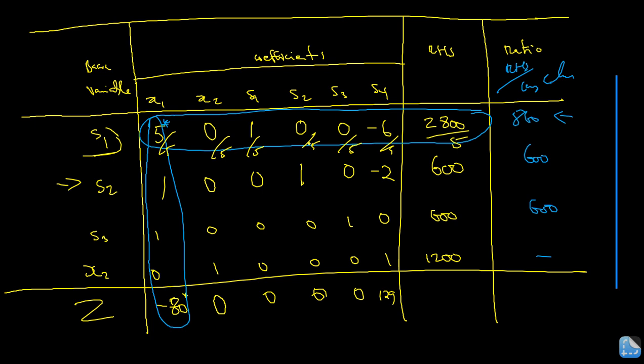When your key element is made to be a 1, the elements below and above your key element must be made into zeros. Now remember what I said. If there is an element in your key column, where your key element is, which is already a 0, in our case this here is a 0, we basically lift the entire row and bring it into the new table.